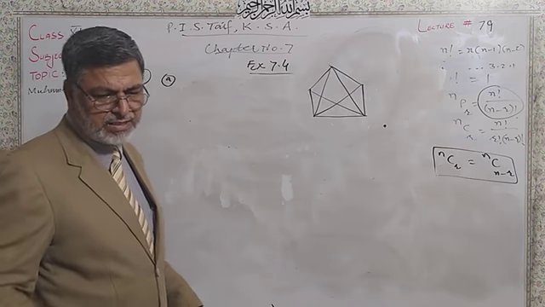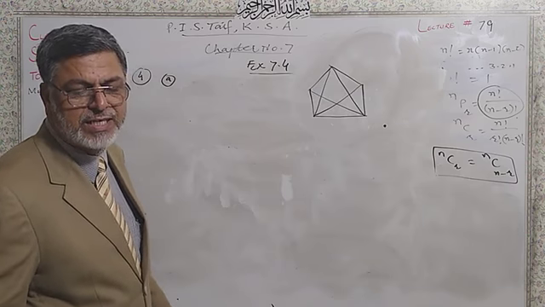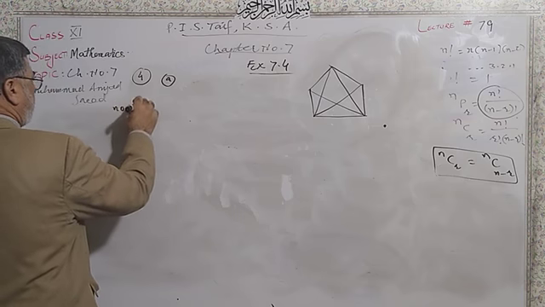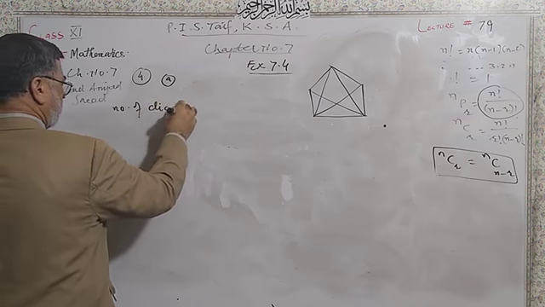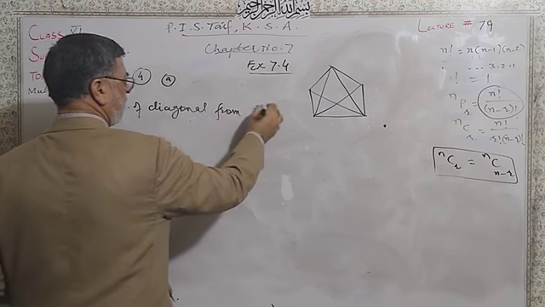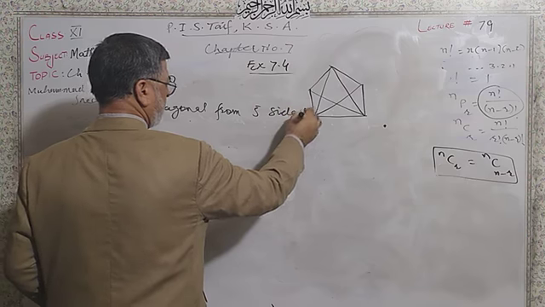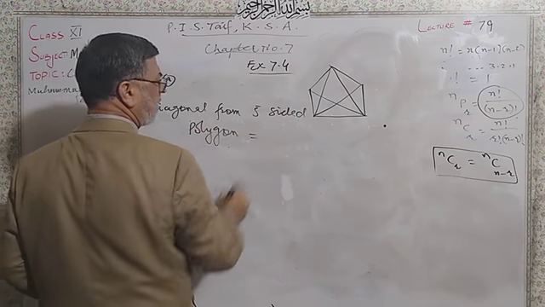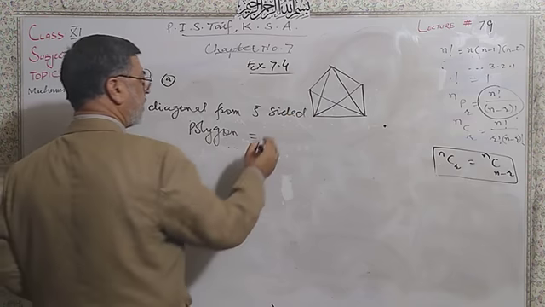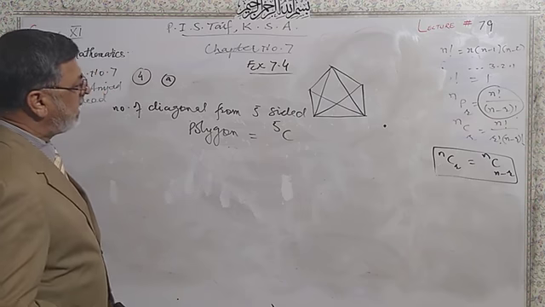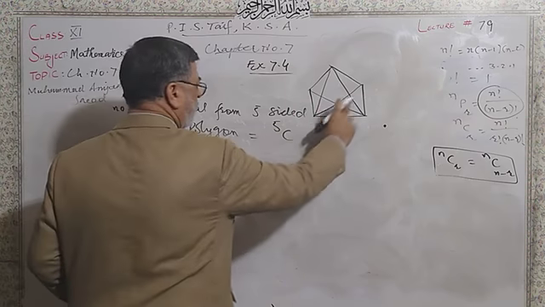The number of diagonals from a five-sided polygon is equal to: 5 sides are total and diagonals are joining two corners.